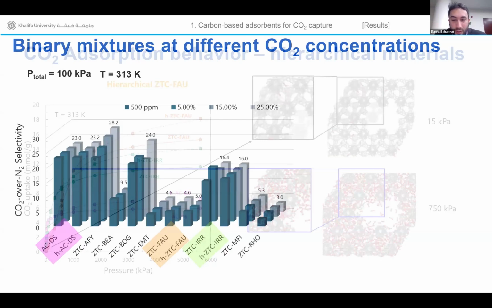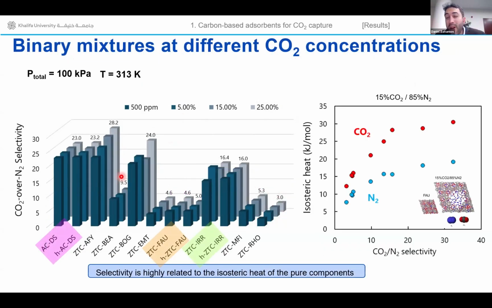And we were able to correlate this selectivity with the isosteric heat, which is also related to the Henry's constant, the slope at very low pressures. And you might see that as the isosteric heat is increased, the affinity, the interaction between the CO2 and the material, is increased, and so is the selectivity in our material.